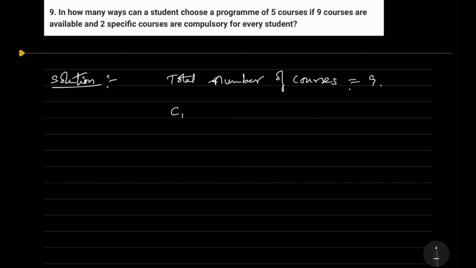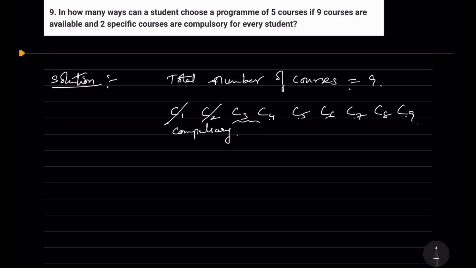Total courses are C1, C2, C3, C4, C5, C6, C7, C8, C9. Now suppose C1 and C2 are compulsory. These are compulsory, and the remaining left over are 1, 2, 3, 4, 5, 6, 7. From these 7 we have to select.